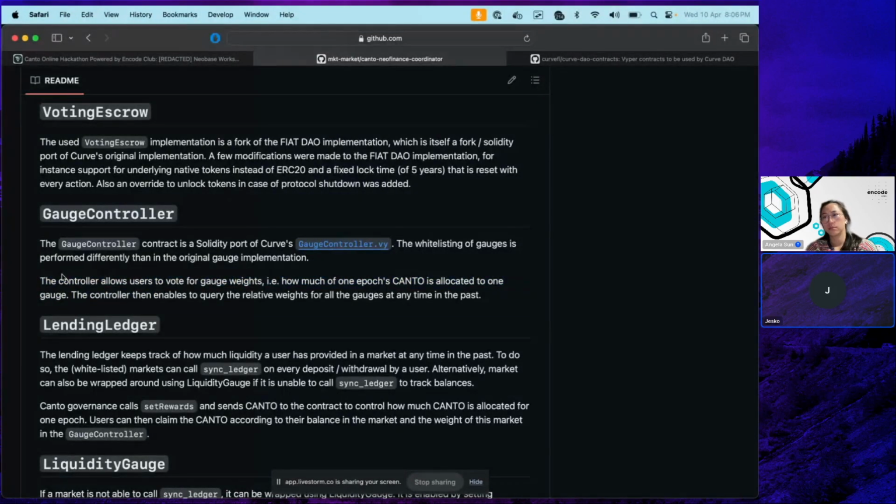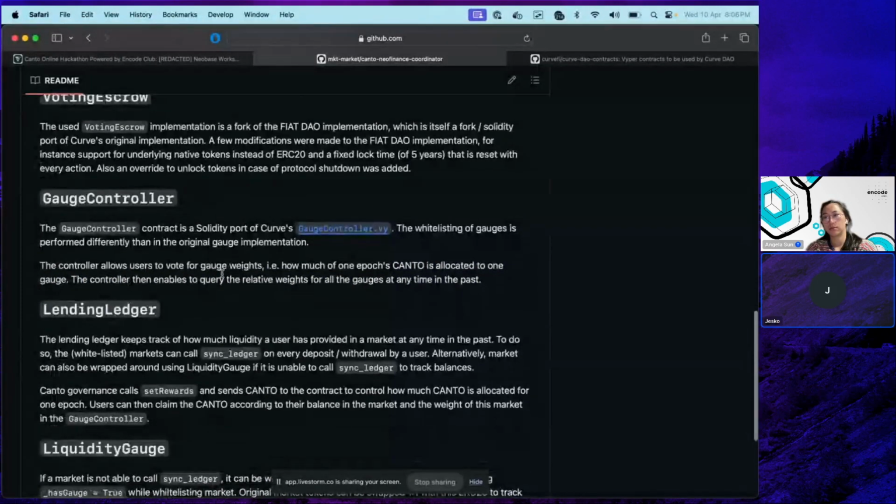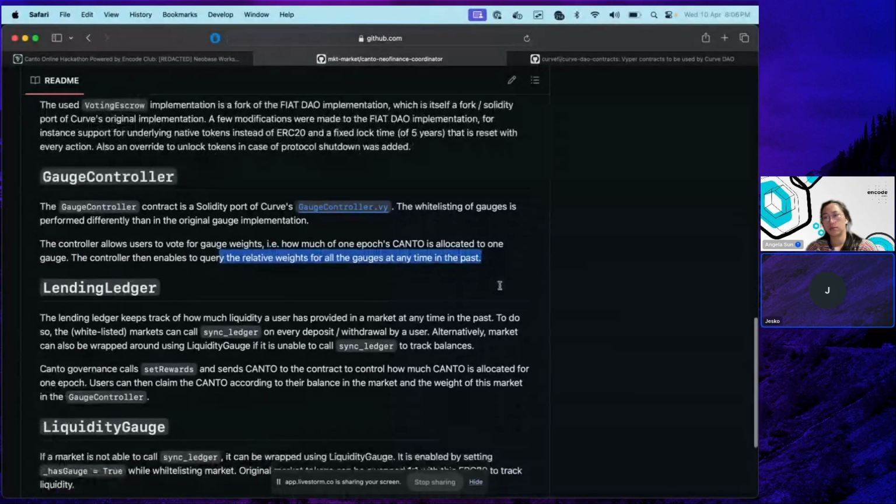People who have locked the VE Canto can vote, and based on that vote, it is decided how much of one epoch's Canto emissions, which are given by the community pool, is allocated to that gauge. And after the voting has been done, this controller can be used to query the final votes for all the gauges for any time in the past, right?